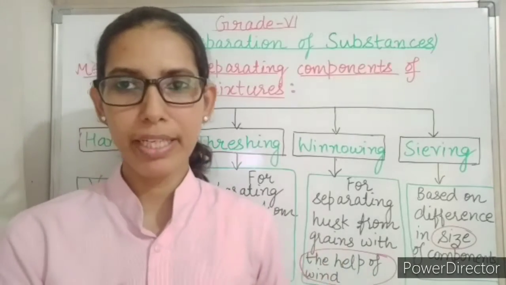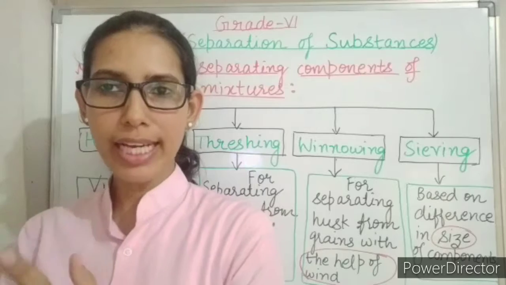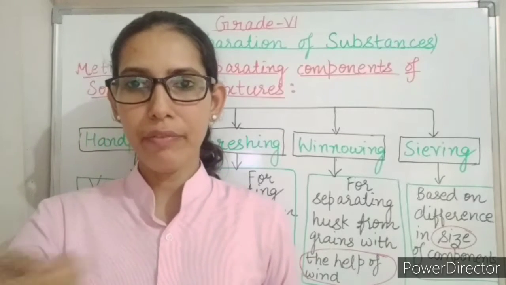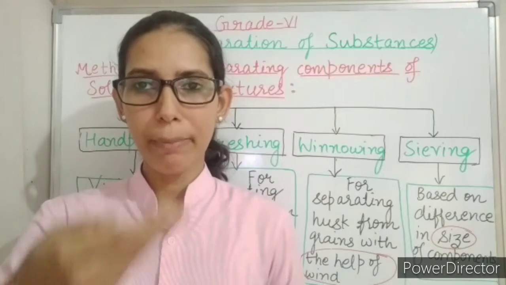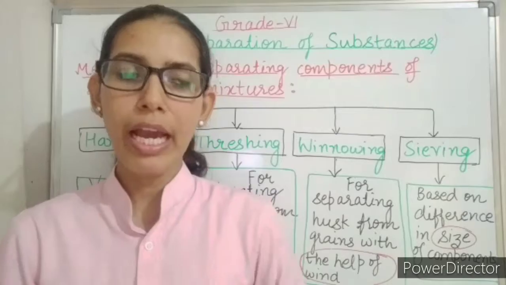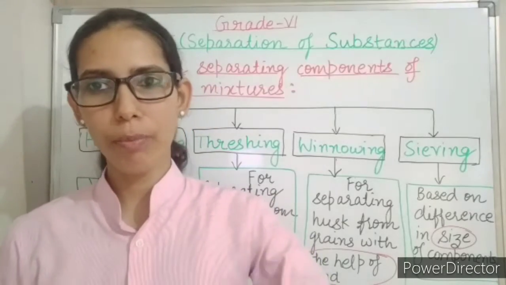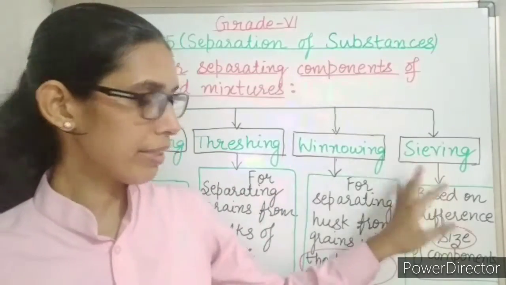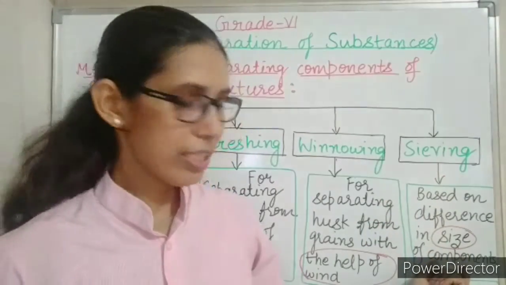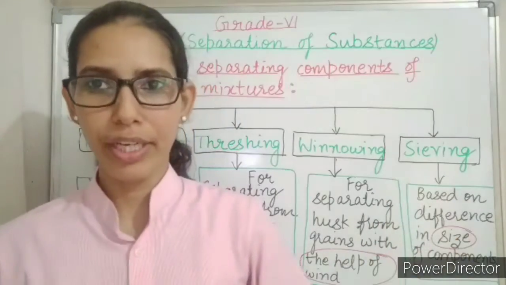So if we want to separate the components of the mixture of rice and salt, what will we do? Just put this mixture on a sieve. When we pass it through the sieve, what will happen? The salt will pass through the pores of the sieve and rice will remain on the top of the sieve. So this method, sieving, is used when the size of the components of the mixture is different.